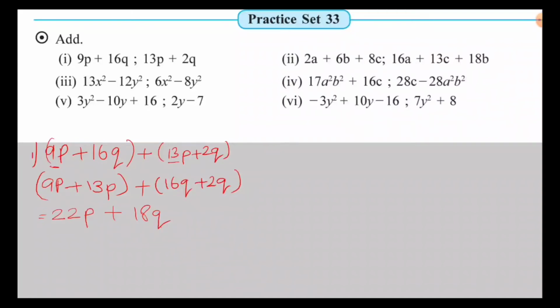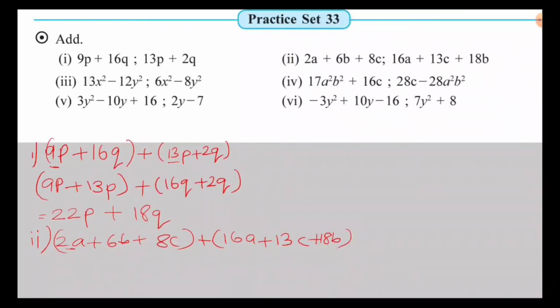Next, let's do the second sum, that is 2a plus 6b plus 8c. This is the first, and the second is 16a plus 13c plus 18b.